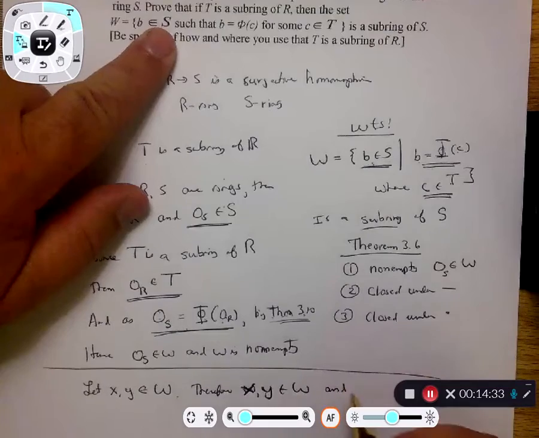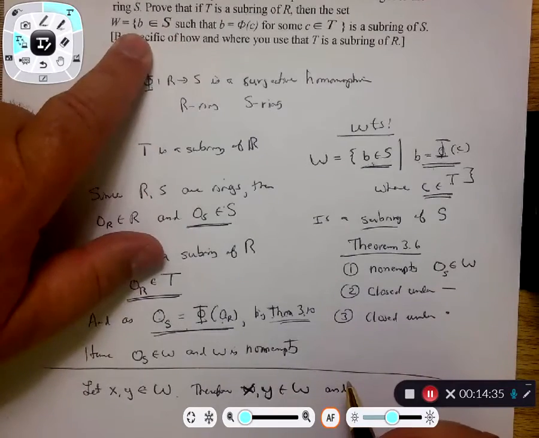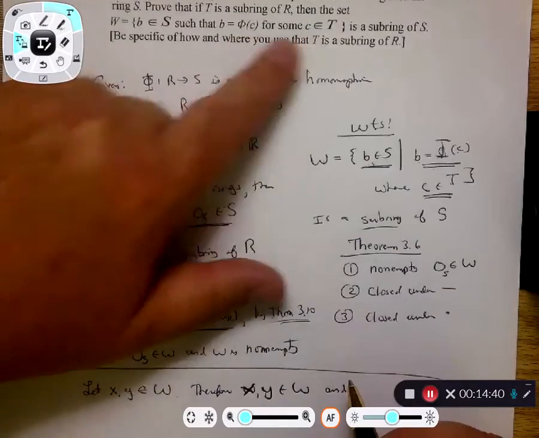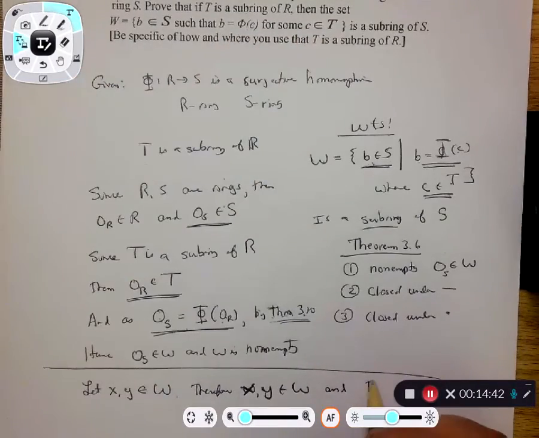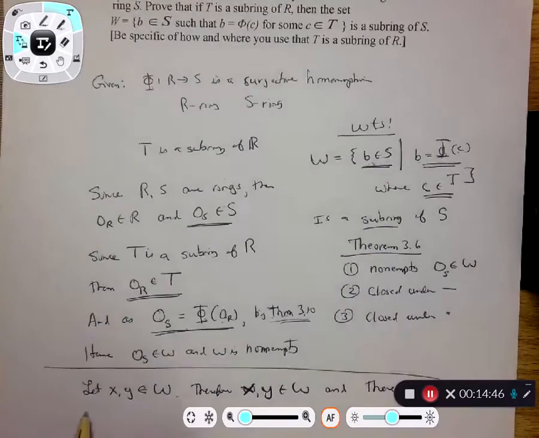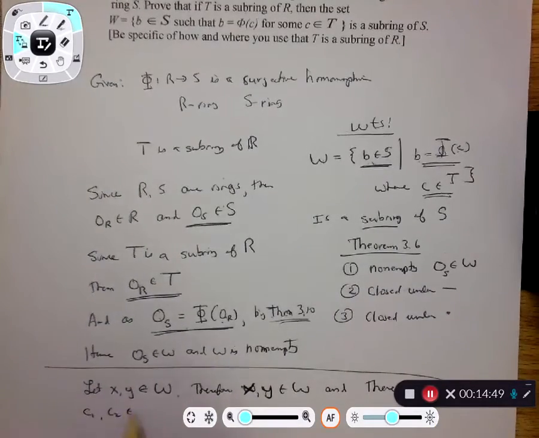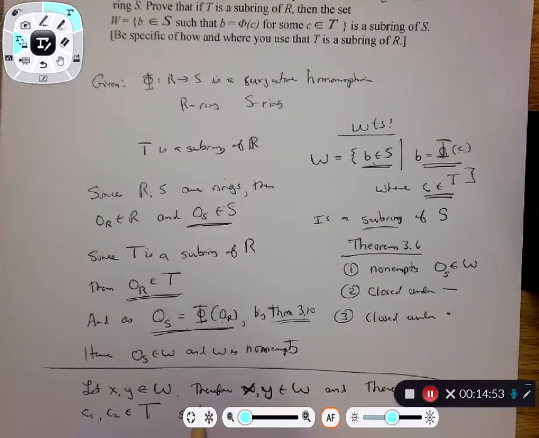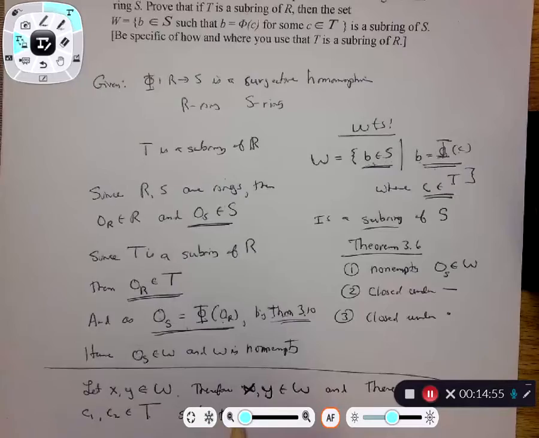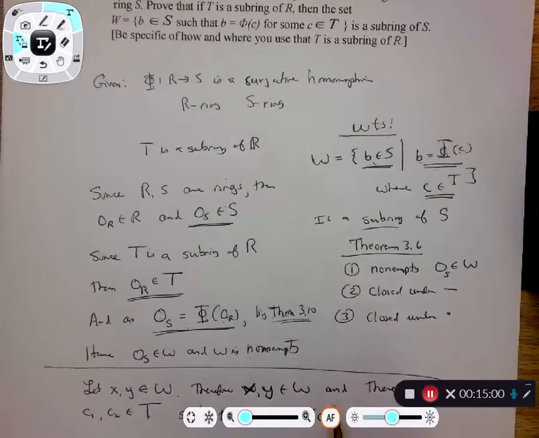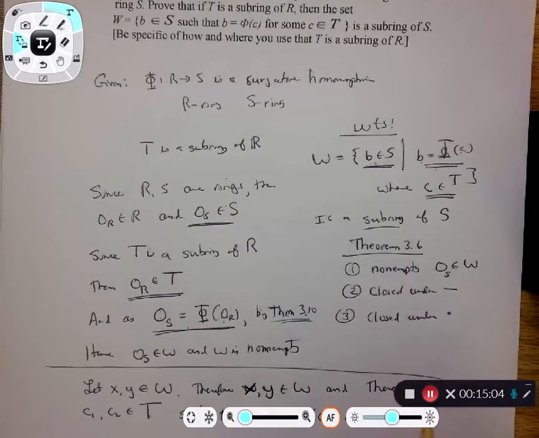And it's got a property that those same elements, x and y, have got to be equal to phi of some dude. See, we're talking about C's, who are kind of an afterthought here. And this is a great time for subscripts. There exist a C1 and a C2, elements of T, which is inside of R, such that x is equal to phi of the C1 guy and y equals phi of the C2 guy.